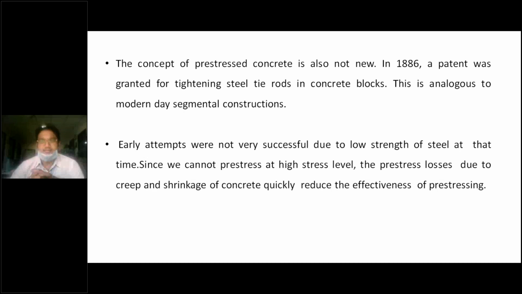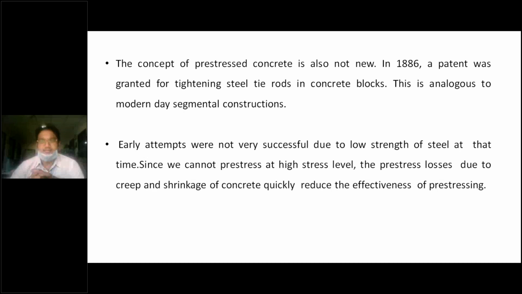But nowadays there are different types of composite materials available, where we can make the steel into high strength steel rods. Here we cannot pre-stress at a high stress level. So there is a limit. We have to go through the pre-stressing losses, which develop due to creep and shrinkage of concrete, which quickly reduce the effectiveness of pre-stressing.